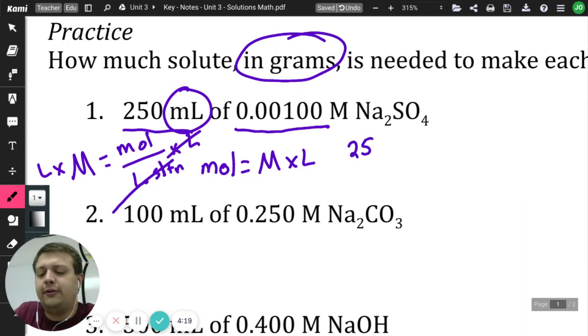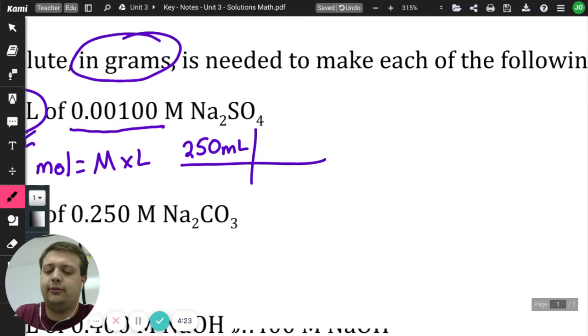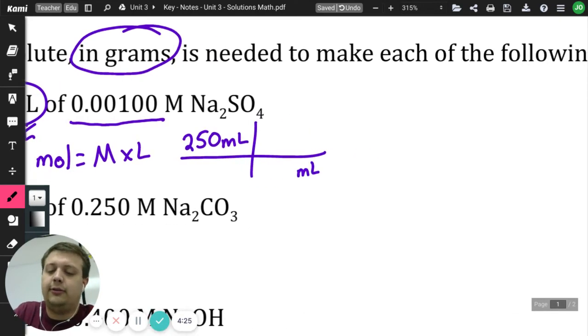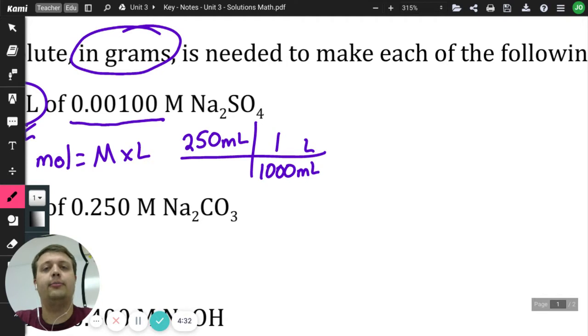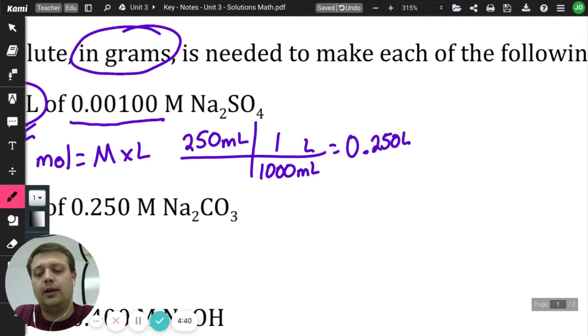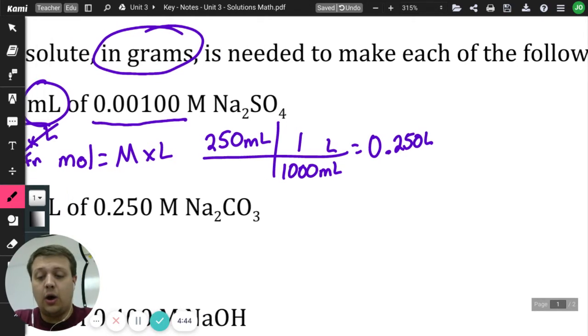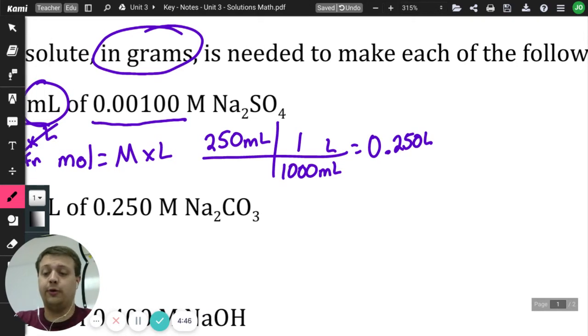So 250 milliliters, using our dimensional analysis, we go from milliliters into liters using our conversion factors. 1 liter is 1,000 milliliters. Plug that into our calculator. If we need to, we're going to get 0.250 liters for that volume. All right.